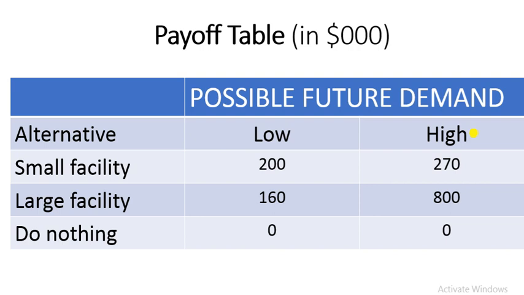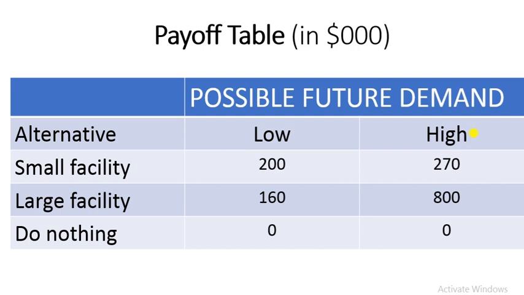The first alternative is you are going to build a small facility. The second alternative is that you are going to build a large facility. And the third alternative would be that you are not doing anything. You are just letting things go as they are right now.